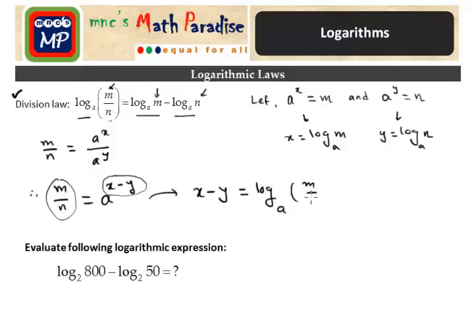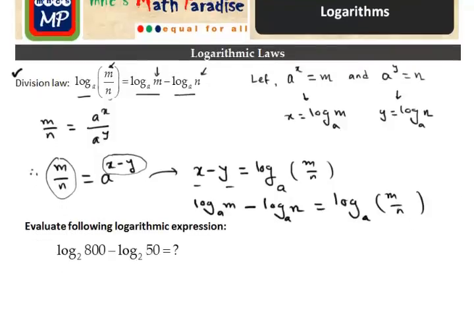Now x is log a base m, so we are getting log a base m minus y, which is log a base n, equals log a base m division n. So log a base m minus log a base n equals log a base m division n.